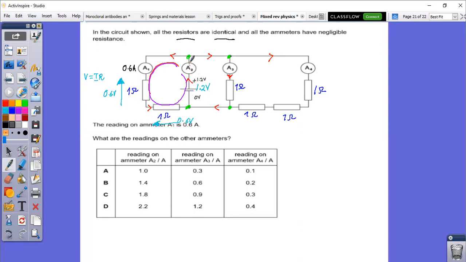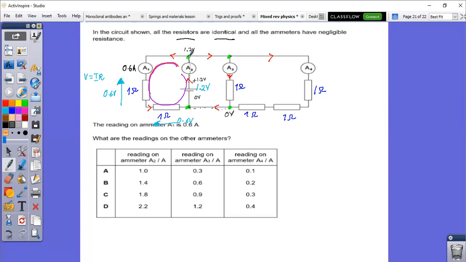So these are conductors, so we assume that there is no drop in potential. So if this is at 0 volts here, this is also at 0 volts. If this is at 1.2, everything on this conductor will be at 1.2. So this here is also at 1.2 volts.